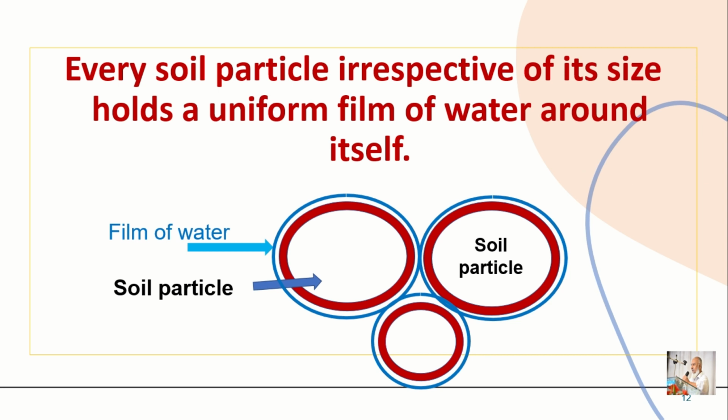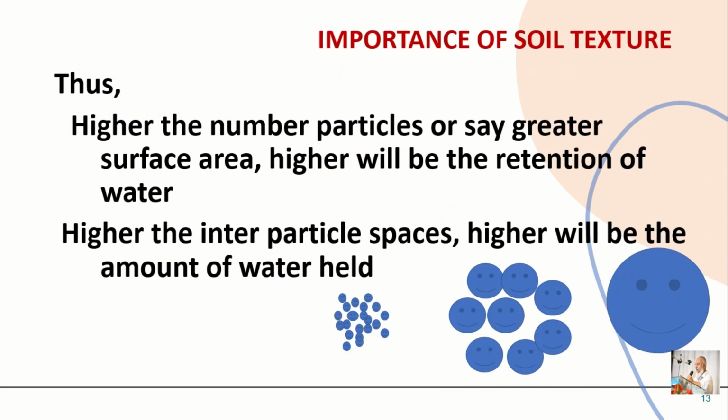Every soil particle, irrespective of its size, has a uniform film of water around it. This is further explanation of the previous slide: the soil particle is there, and this blue line, whether small particle or large particle, has a uniform size.